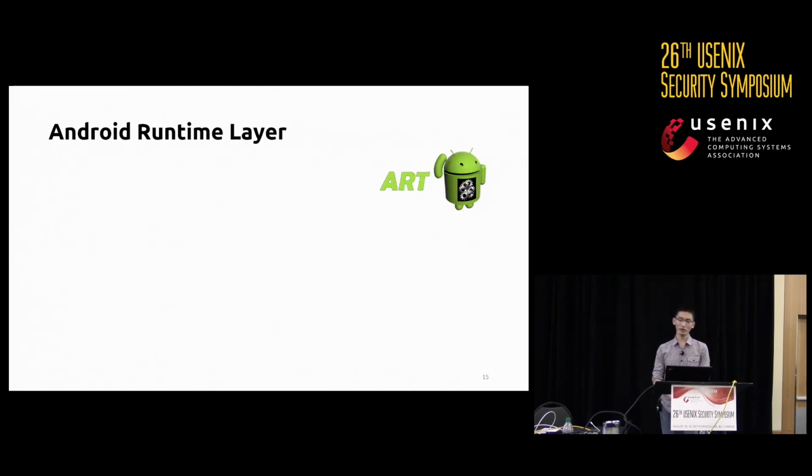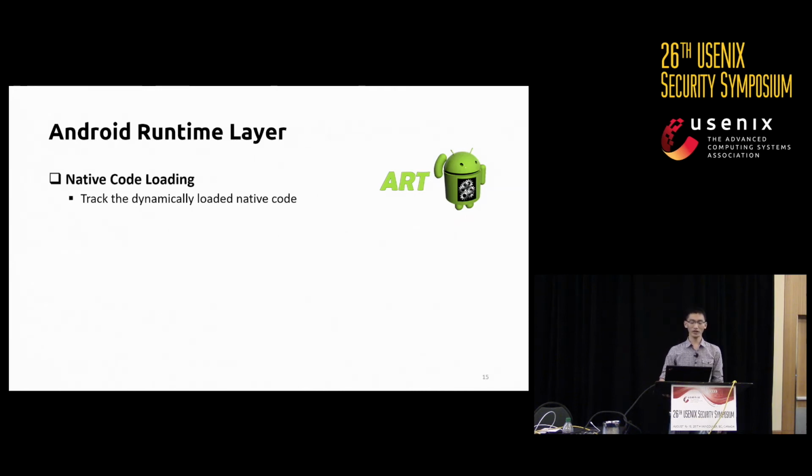In Android runtime layer, 5 models are designed with different purposes. Because Android malware can dynamically load malicious native code into memory, Malton tracks the dynamically loaded native code through monitoring the native code loading behaviors.